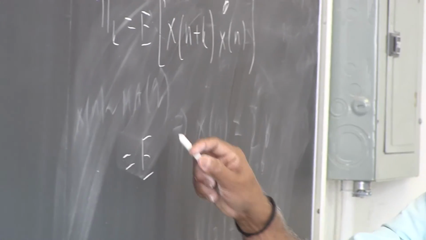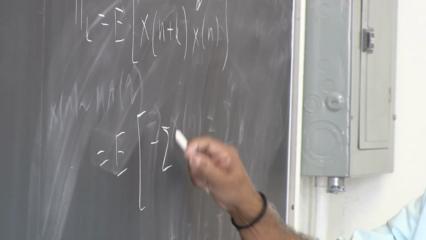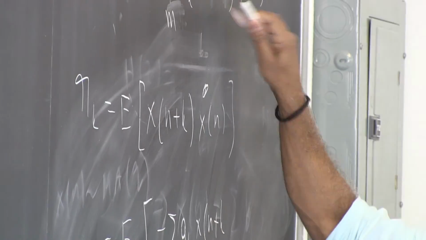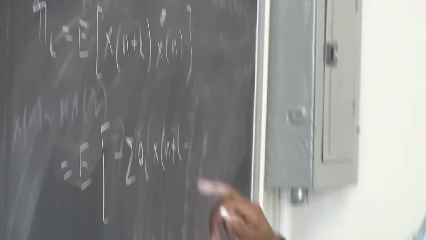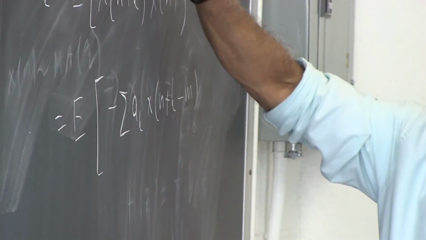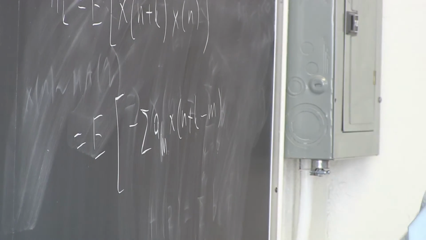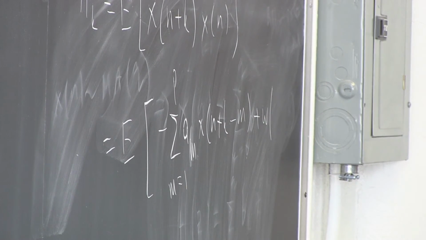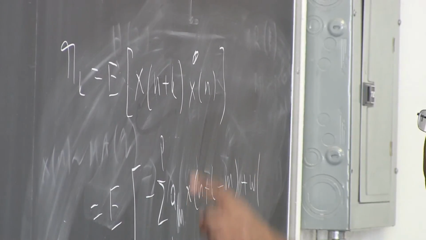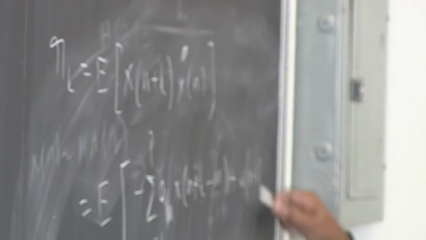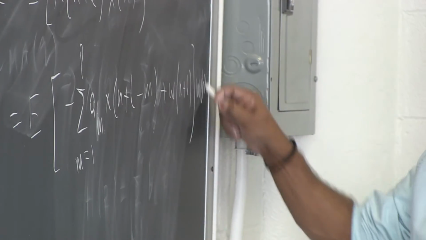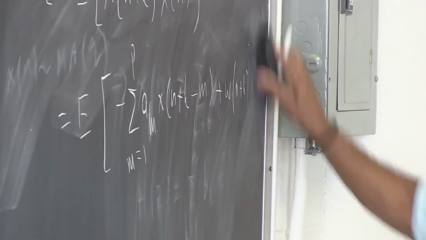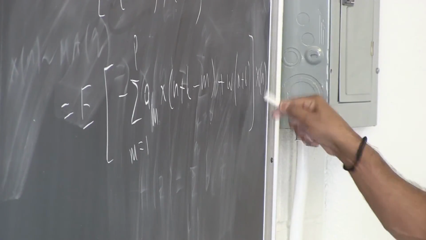You can write this as the expected value of minus sigma a_m x_{n+k-m}, m is a dummy variable there, plus w_{n+k}, multiplied by x_n star.